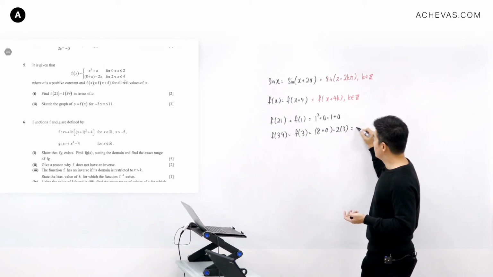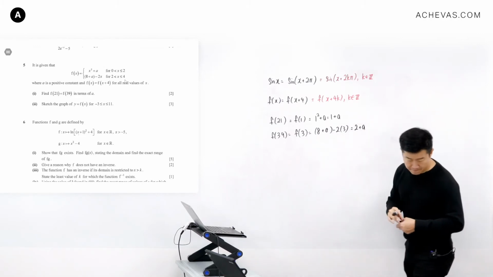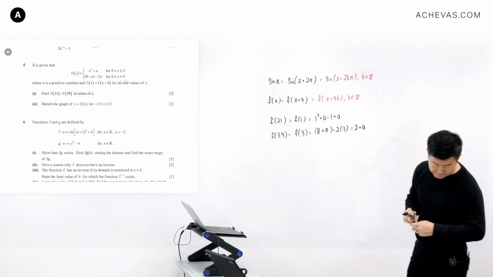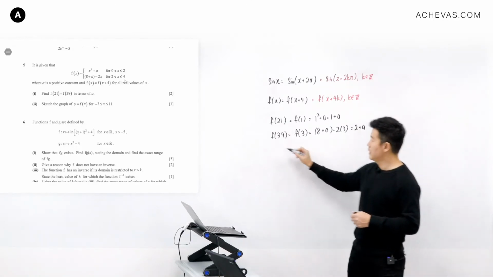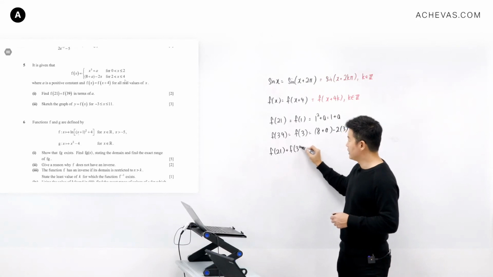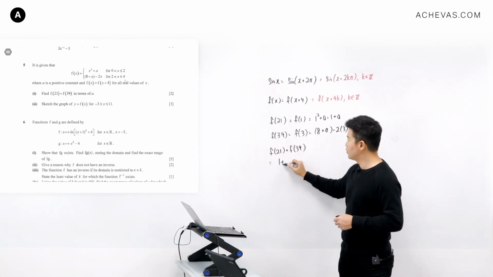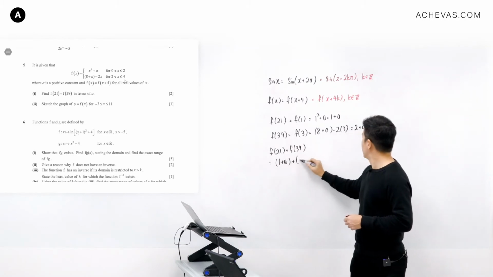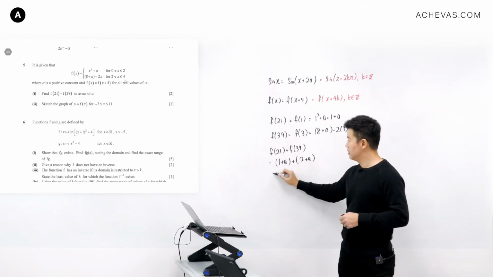This gives me 2 plus a. And now I can find what is f of 21 plus f of 39. It is equal to 1 plus a plus 2 plus a.